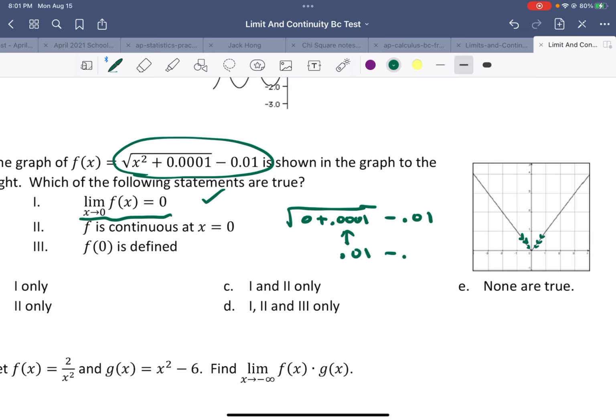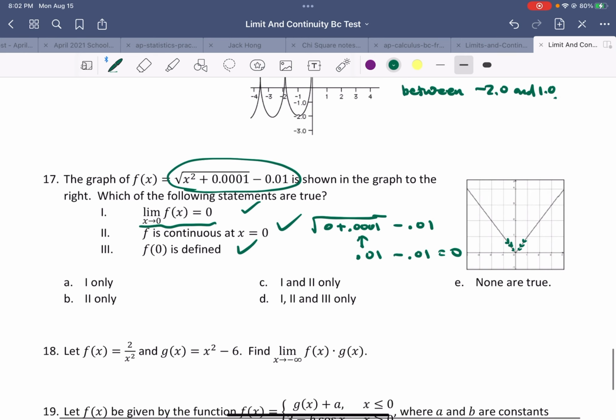So 0.01 minus 0.01 is 0. So that's also true. That's the value you have there. And f of 0 is defined, as I just showed here. So actually, all of them are true. The limit exists, it's continuous there, and it's defined. So you don't have to say only 1, 2, 3. All of them have to be true.